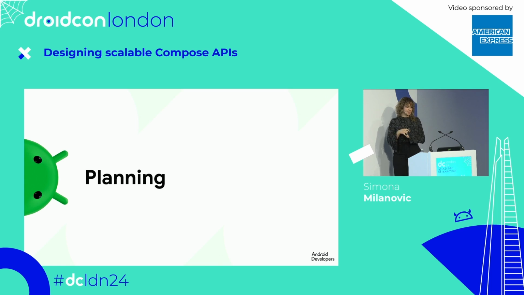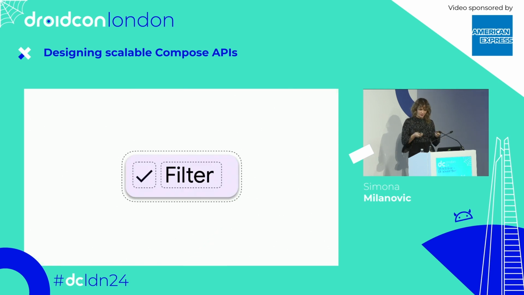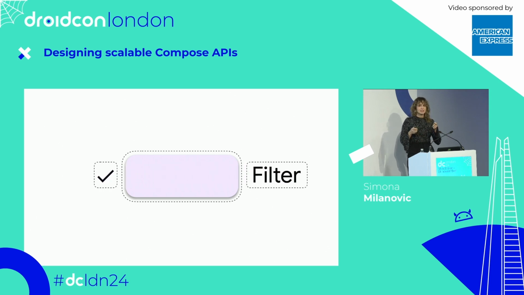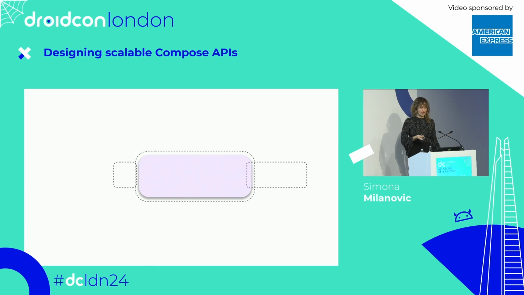So let's start by going through how you would decide to even create a new API, from the very scratch. We're going to be using the example of a filter chip component as a component that's familiar to us. It might seem obvious at first thought, but have you actually thought about the actual steps in designing a component that you use so often?